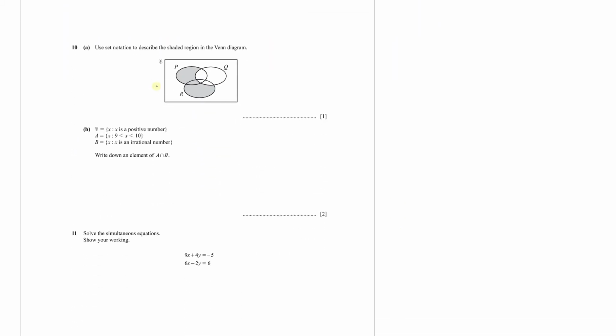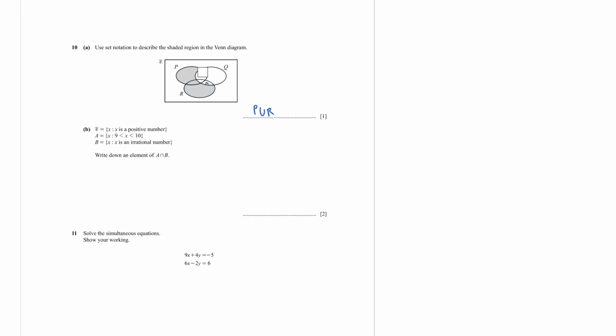So question number 10 is use set notation to describe the shaded region in the Venn diagram. So the shaded region is this, which includes both P and R. So that means you have P union R, but P union R will also include this region and this region.